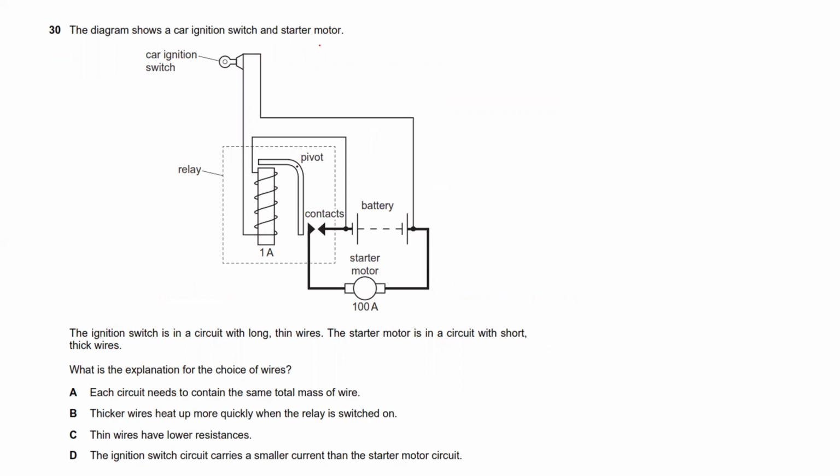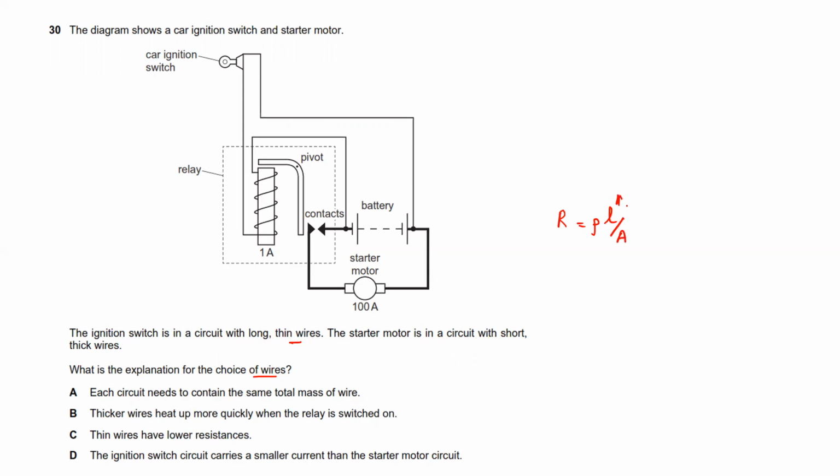Okay, moving ahead, question number 30. It says the diagram shows a car ignition switch and a starter motor. The ignition switch is in a circuit with long, thin wires. The starter motor is in a circuit with short, thick wires. Which explanation is the choice of wire? So remember, ignition circuit has long and thin wires. Resistance equals rho length per unit area.